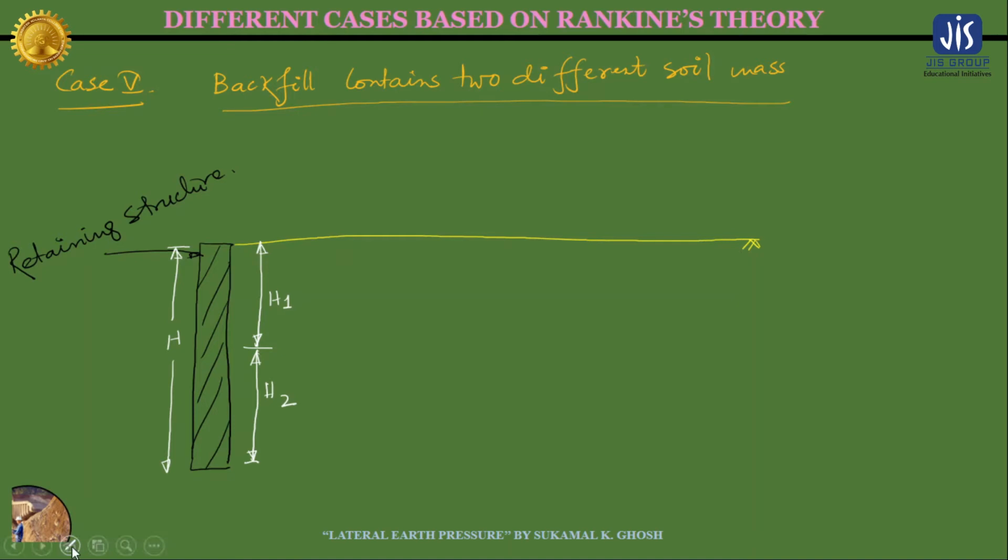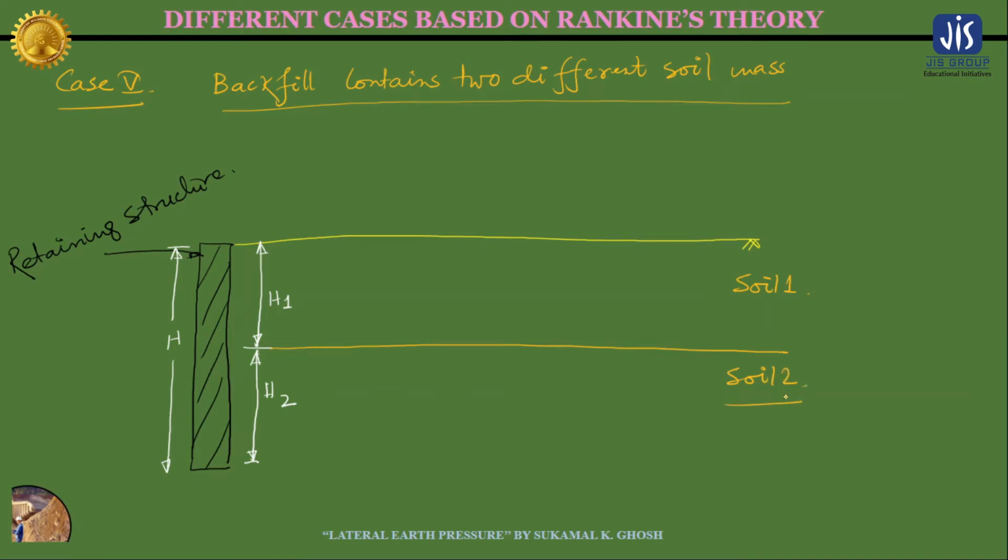So basically there are 2 types of soil. This is soil 1 and this is soil 2.